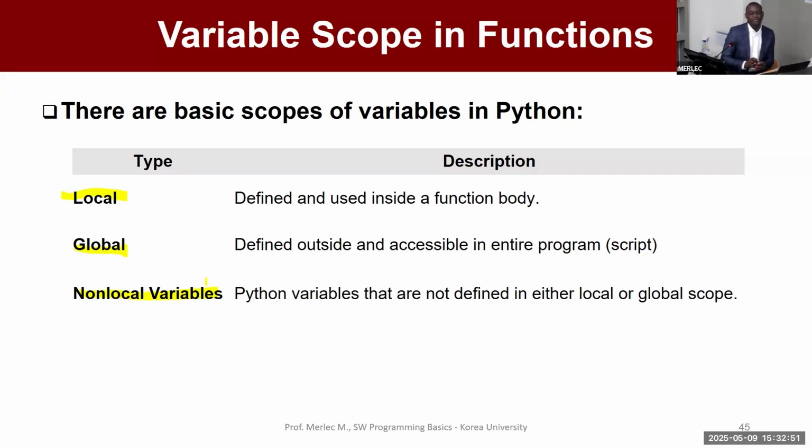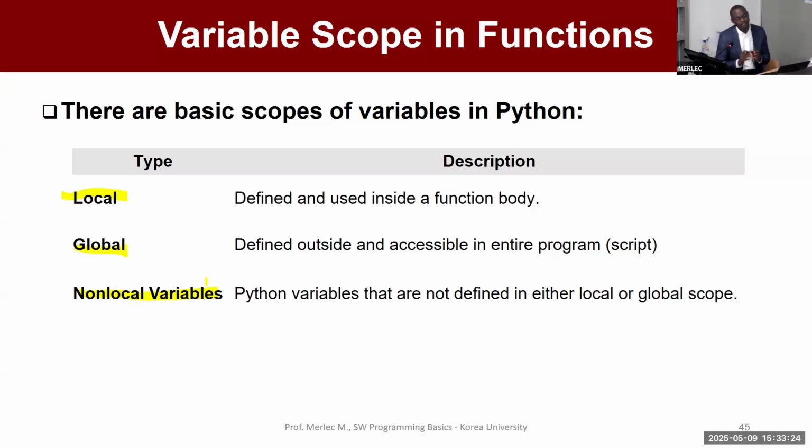You can only access the value of those variables inside the function. That's the scope of a local variable. But global variables are defined outside, and they are accessible to the entire program or script. The third one is the non-local variable. Non-local variables in Python are variables which are not defined either in the local or in the global scope.